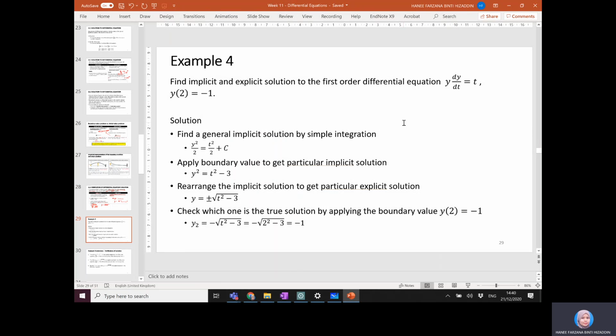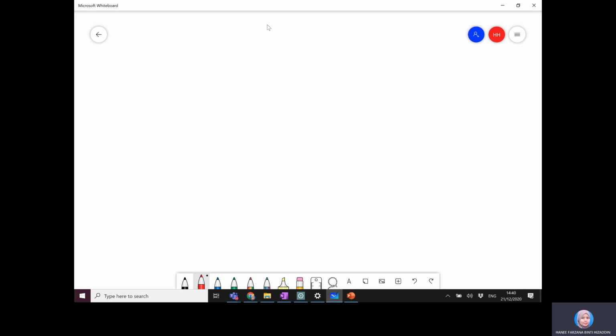Okay, so let's try to do this example. We are given y dy/dt equals t, and y(2) equals -1. Not to be confused with this notation, it means that t equals 2 and y equals -1.